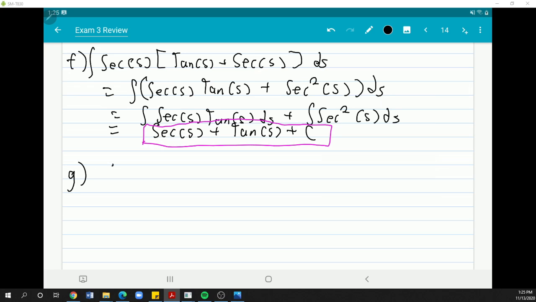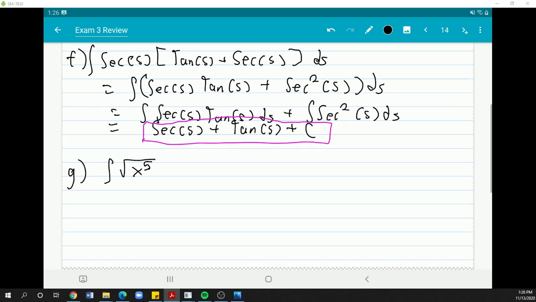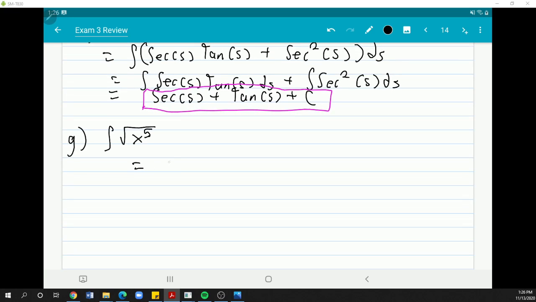G, let's find the integral of the square root of x to the 5th. So this one kind of looks like it would be super tricky, but it's not too bad, because I just write this as the integral of x to the 5/2, because taking a square root is the same thing as taking something to the 1/2 power.